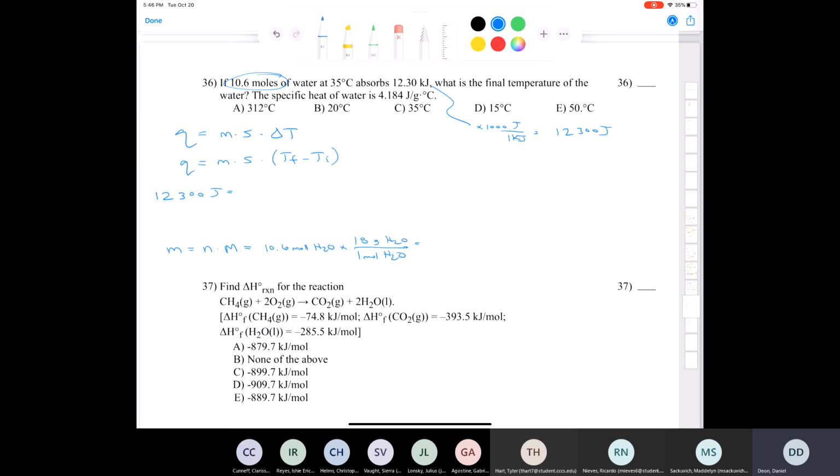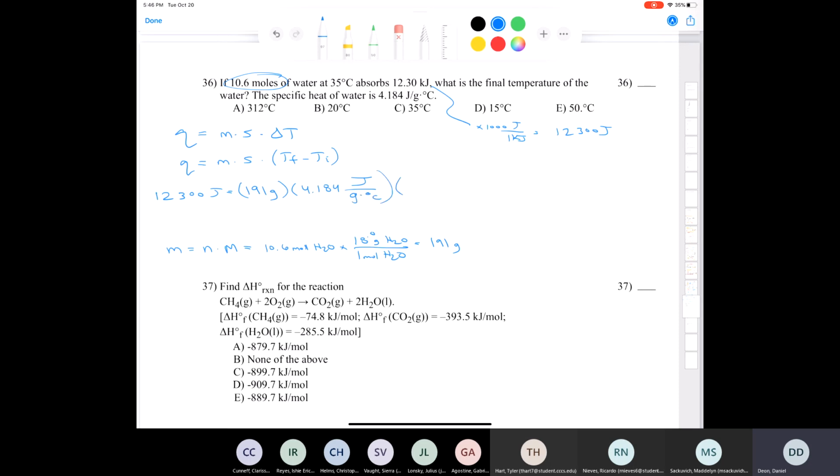So 10.6 times 18.01 is going to be fine. We'll put in 191 grams. I know I'm going from 2 sig figs to 3, but since 18 is so close to 18.0, we'll just say it's 191. So we have 191 grams multiplied by our specific heat, which is 4.184 joules per gram degrees Celsius.